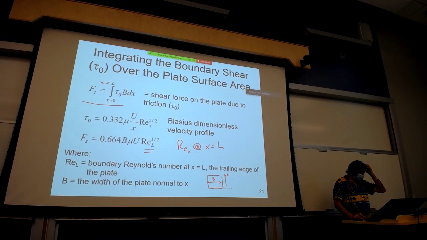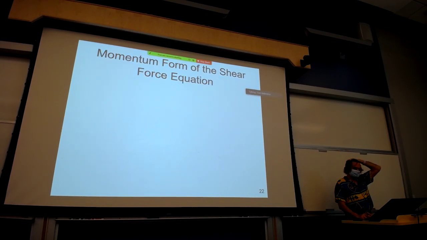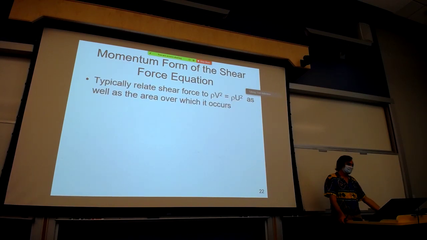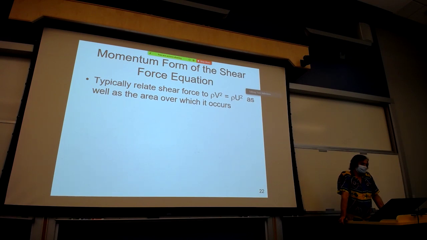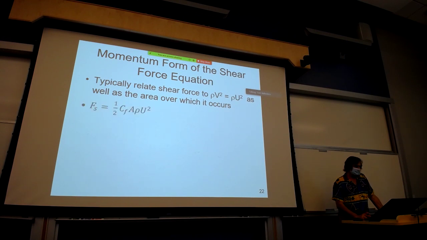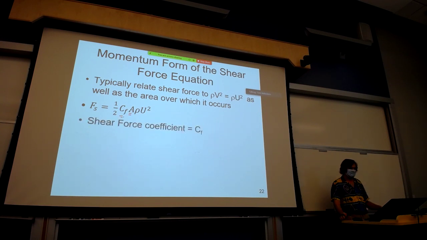And again, if you look at how this was developed, people like to put shear stress and force in terms of momentum terms, rho u squared. And so in a momentum equation, this would be the momentum form of a shear force equation. And the only difference is now you see the area in there, and this capital C_F is in there. This is the shear force coefficient C_F, also known as the drag coefficient.